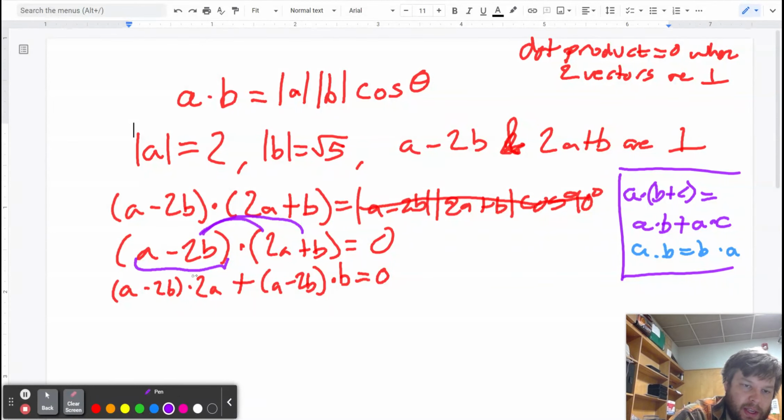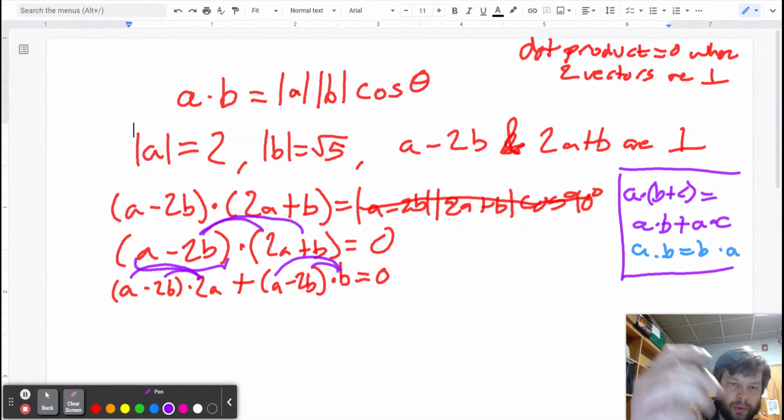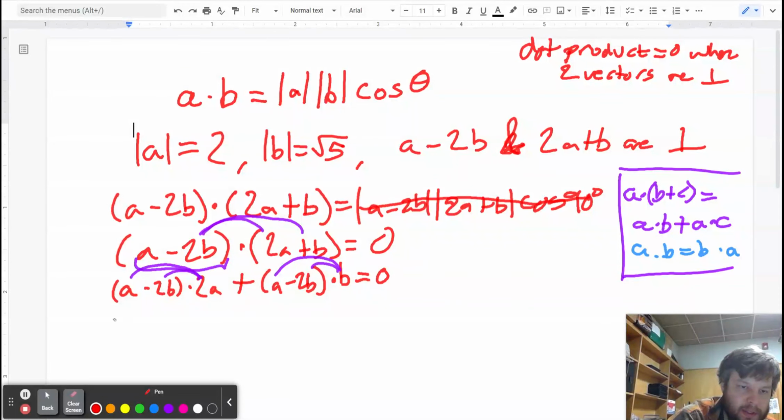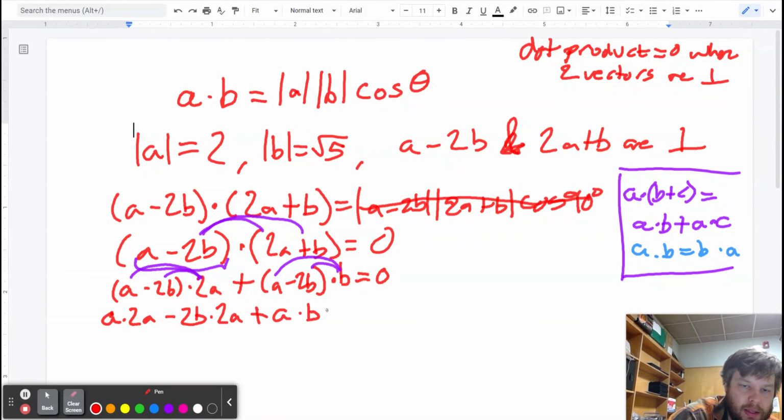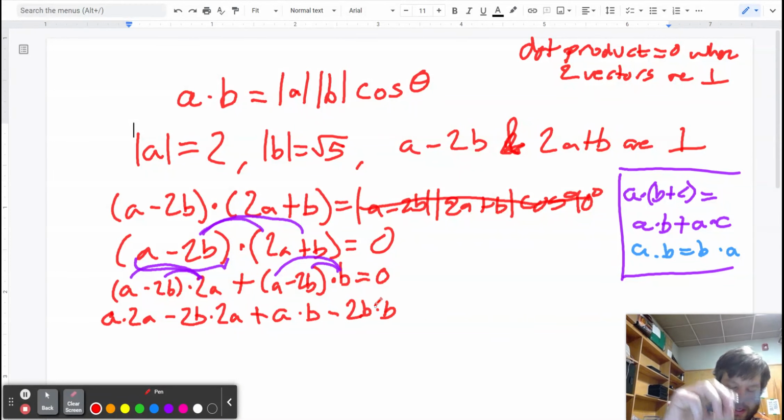It's basically just the regular distributive property on numbers, the FOIL process that you've done more than 100 times. So we have A dotted with 2A, minus 2B dotted with 2A, plus A dotted with B, minus 2B dotted with B.